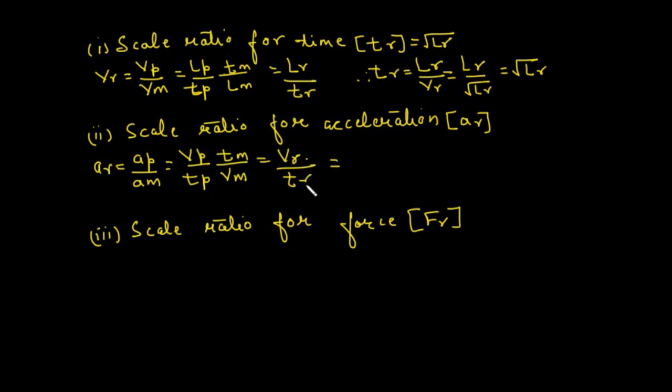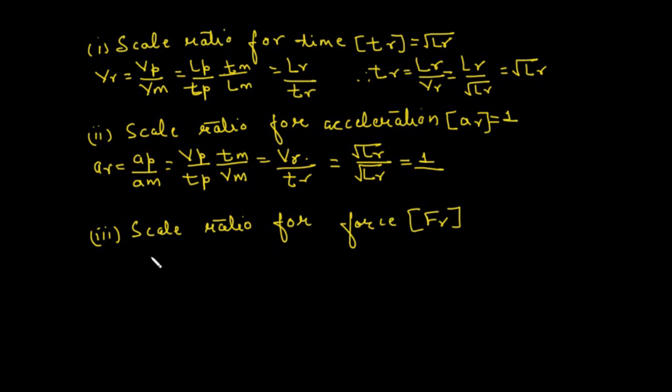Therefore, it will be Vr upon Tr, but Vr is equal to root of Lr, and Tr we have already derived, it is equal to root of Lr, so that is equal to 1. So the acceleration ratio in case of the Froude's model law should be equal to 1.